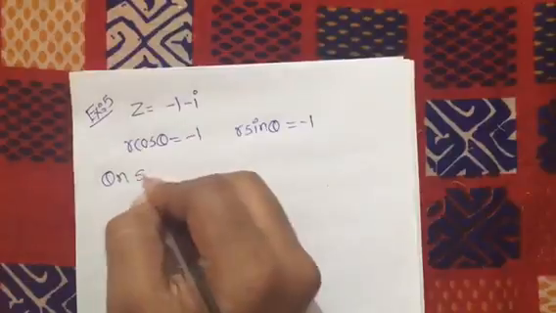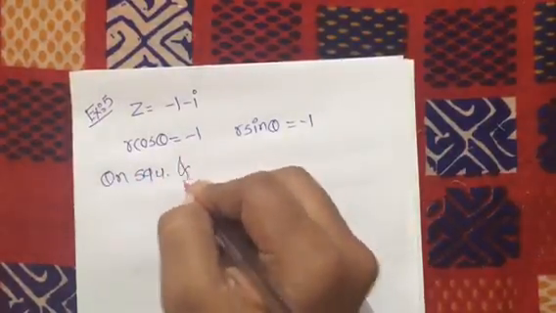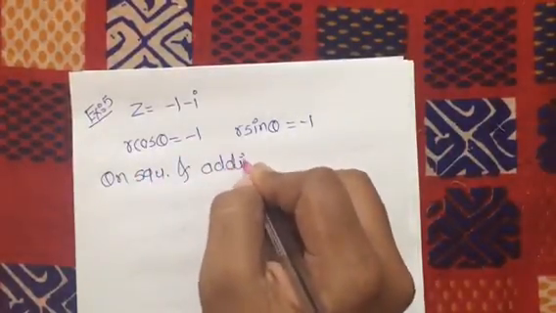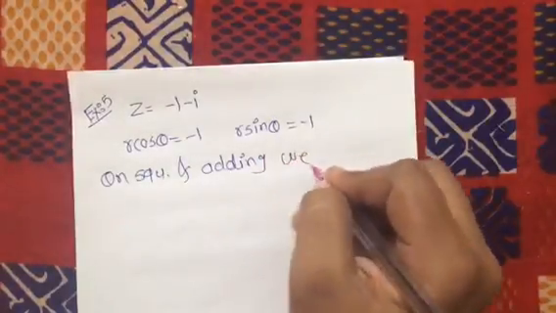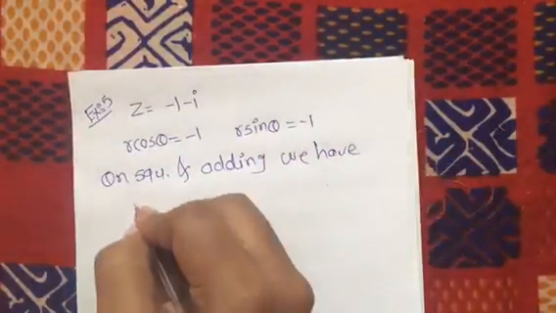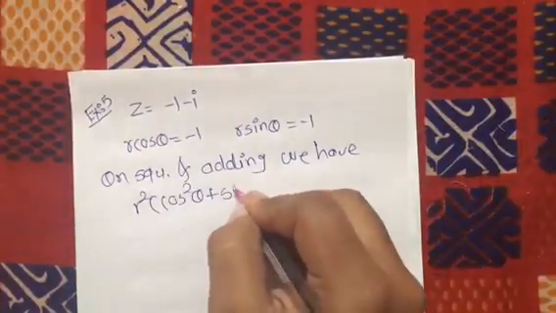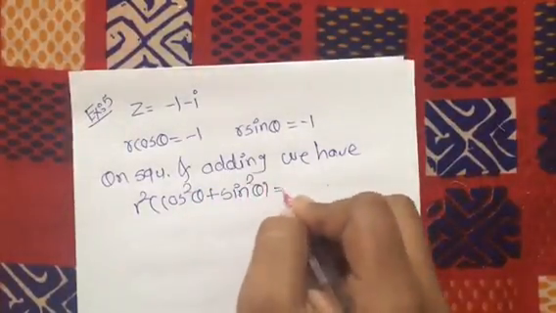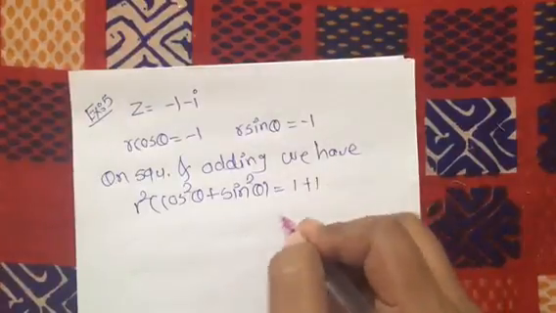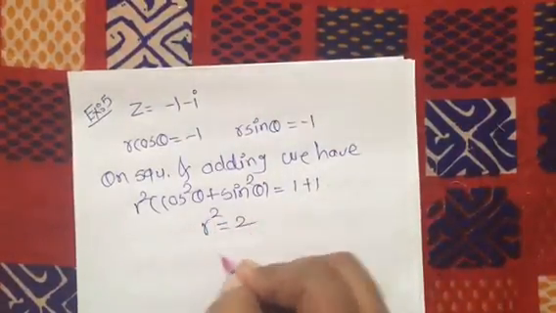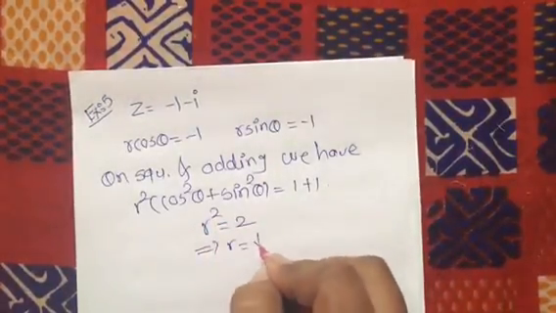On squaring and adding, we have r square bracket cos square theta plus sin square theta is equal to 1 plus 1. So r square is 2, which implies r is equal to root 2.